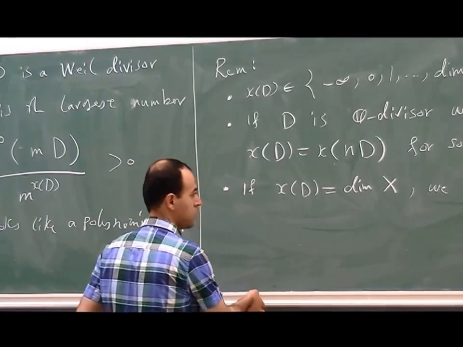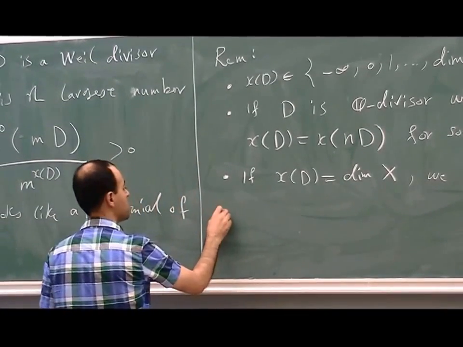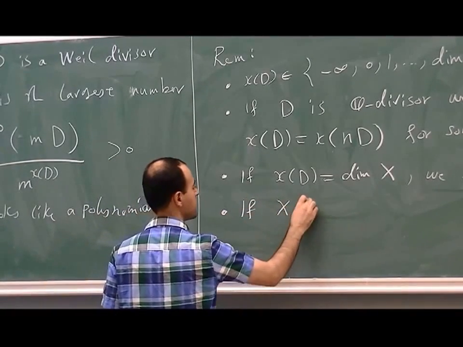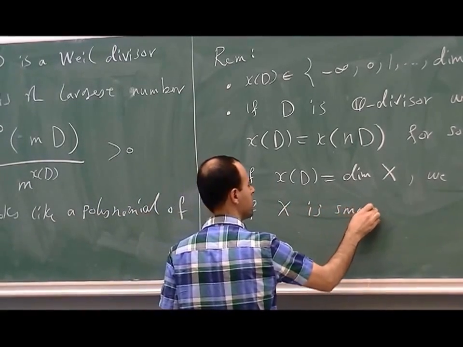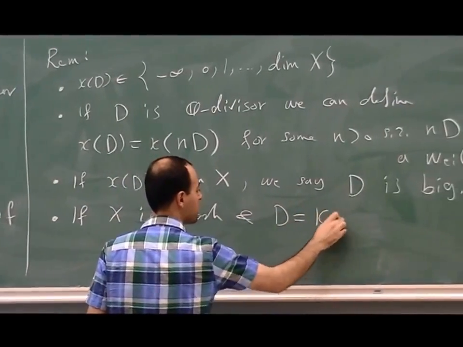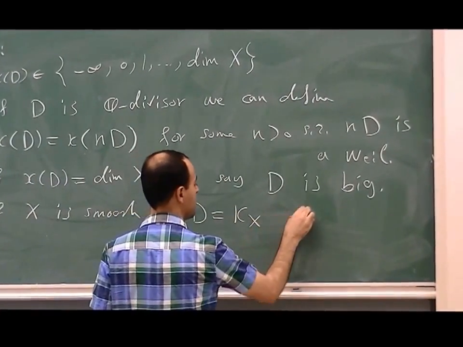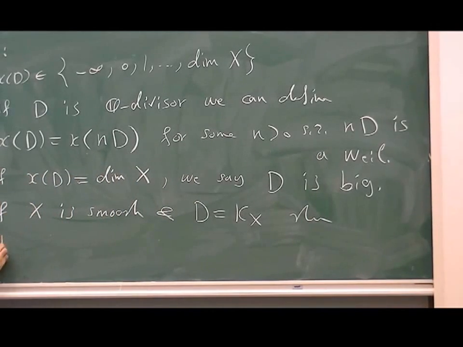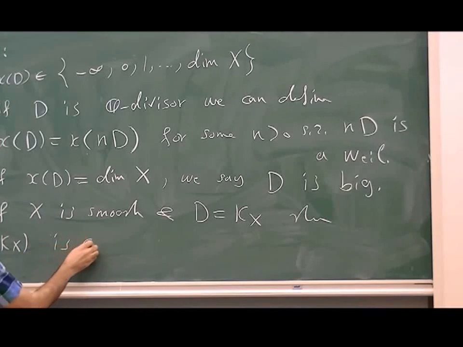If maybe I also just say one more thing: if X is, let's say, smooth, and D is equal to the canonical bundle, then the Kodaira dimension of this bundle is also called the Kodaira dimension of X itself.